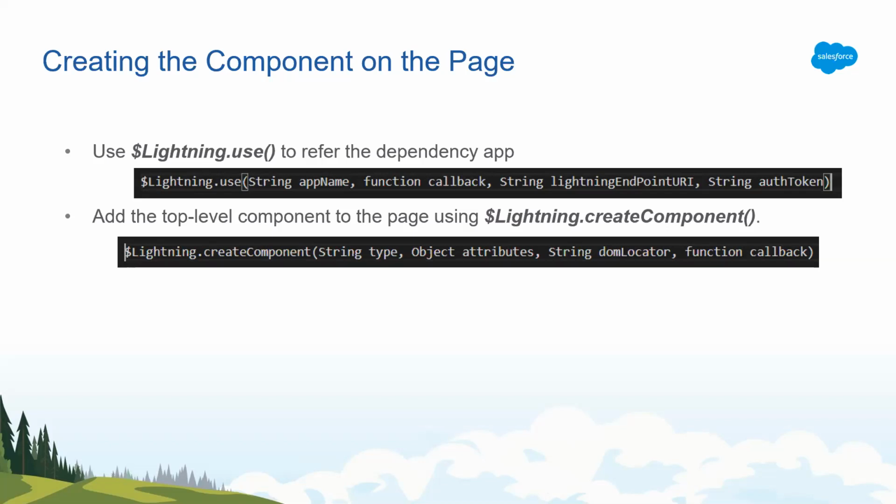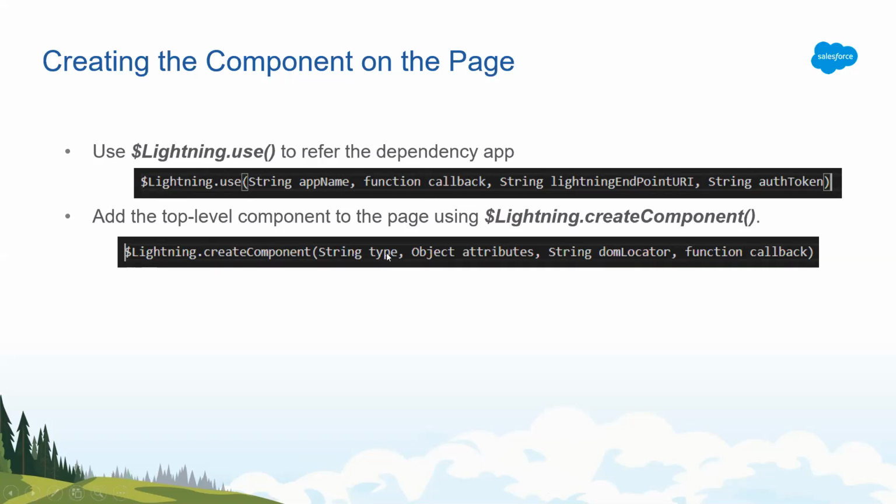The second thing you need to do: in the $Lightning.use, when you are writing a function callback, within that you have to call $Lightning.createComponent. This is the method you're going to use to load your Lightning component on your Visualforce page, and it has mainly four parameters that you need to pass.